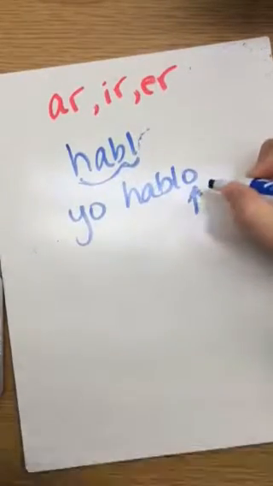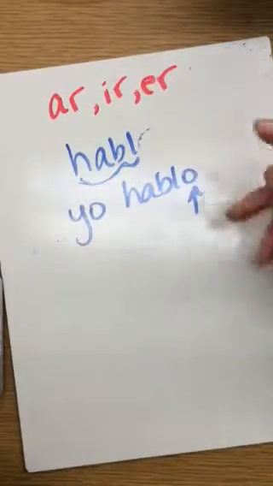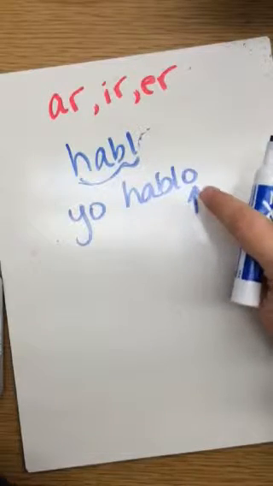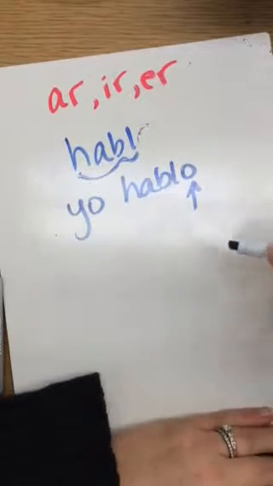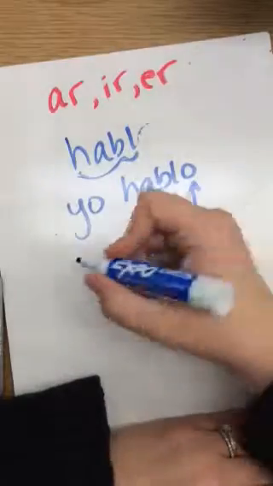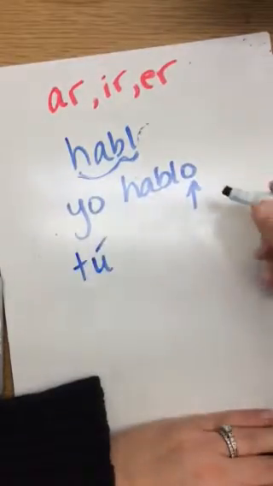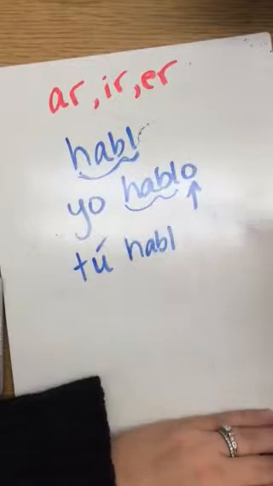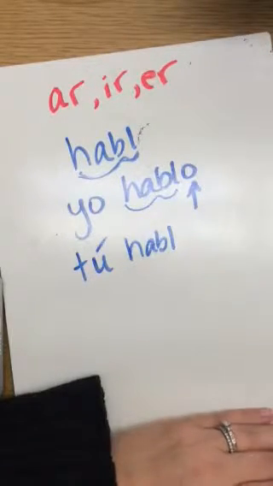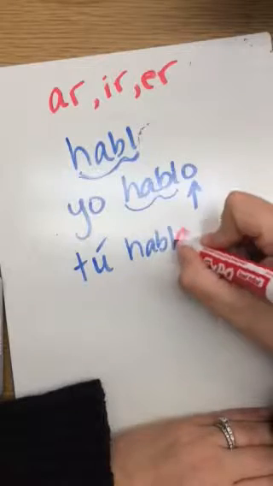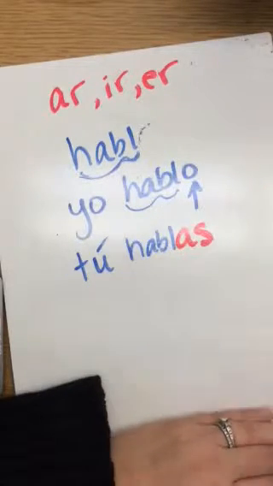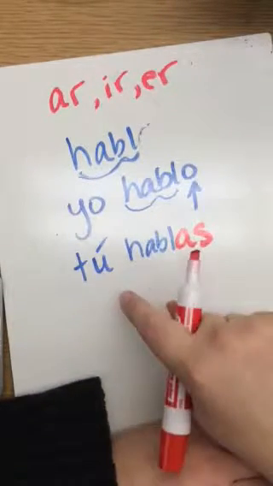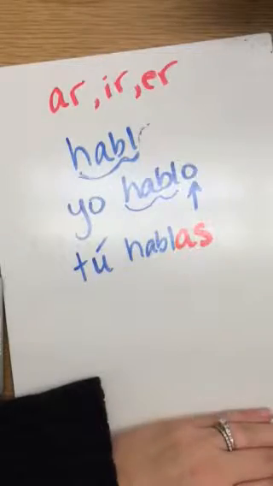This O right here lets me know that my subject is me, I'm the one who's doing the talking. But if we want to change our subject to be you talk, well, I'm going to keep that same stem, HABL, so I know that we're talking about talking, but I add a new ending, AS. Tú hablas lets me know that I'm saying you talk.